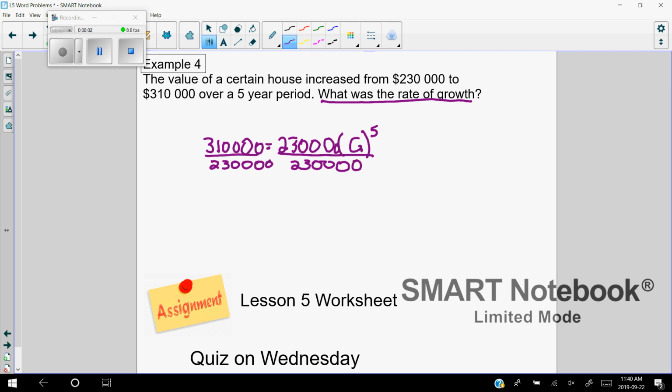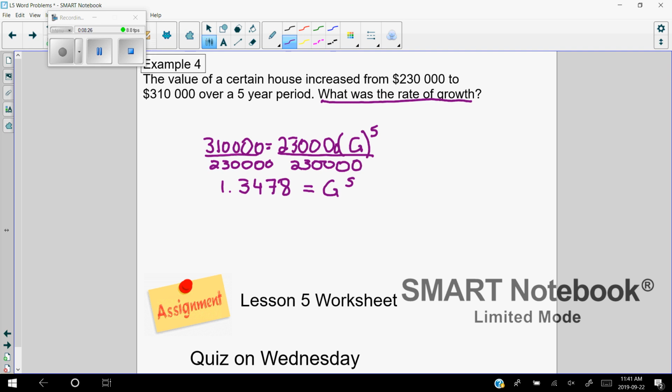Careful with your zeros, 230,000. So I take 310,000 and I divide it by 230,000. And I get 1.3478. I'm going to keep quite a few decimal places, 1.3478 equals g to the 5.